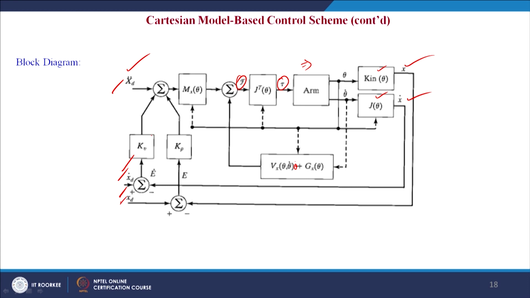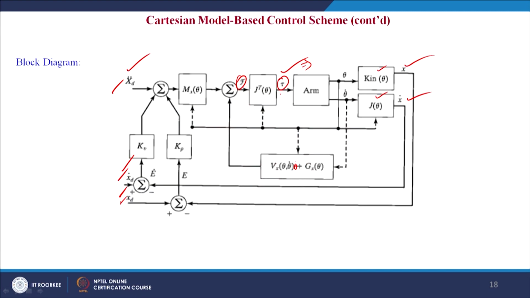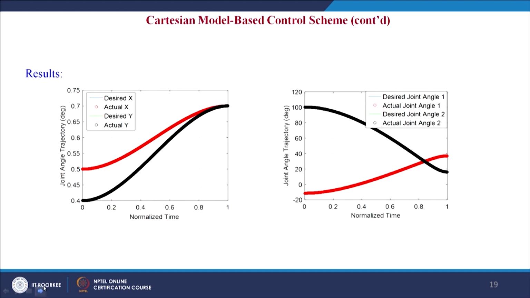That is fed back through the servo law in order to obtain the error, so that we can compute the joint torque through J transpose F. With this control law we get the actual joint torque, and from that we obtain the joint angle, and through forward kinematics and differential kinematics we get the position and velocity of the manipulator.